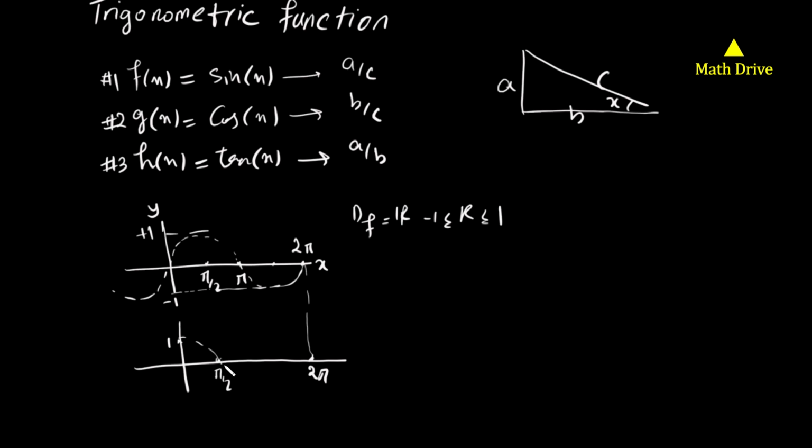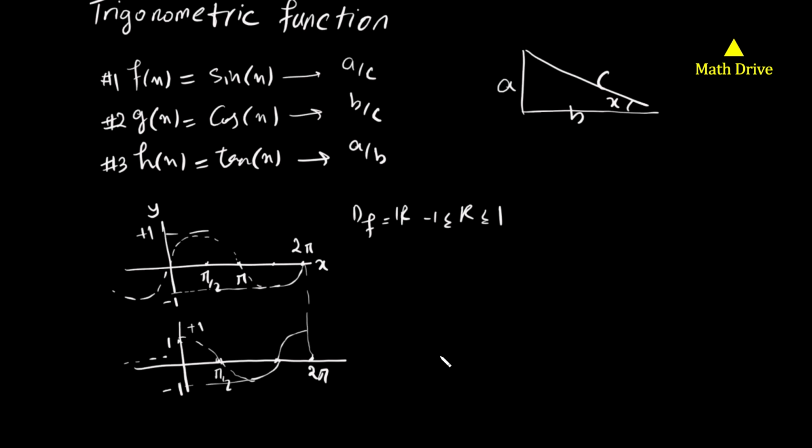Cosine pi is equal to -1, then at 3 pi over 2 it is 0, and at 2 pi it is 1, and it goes to the negative side too. Again, the domain of the cosine function is the set of real numbers, and the range again is +1 to -1.